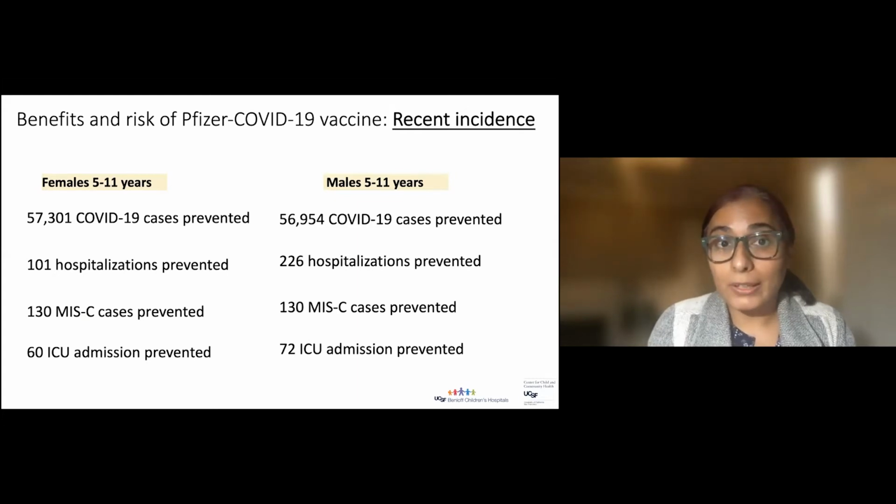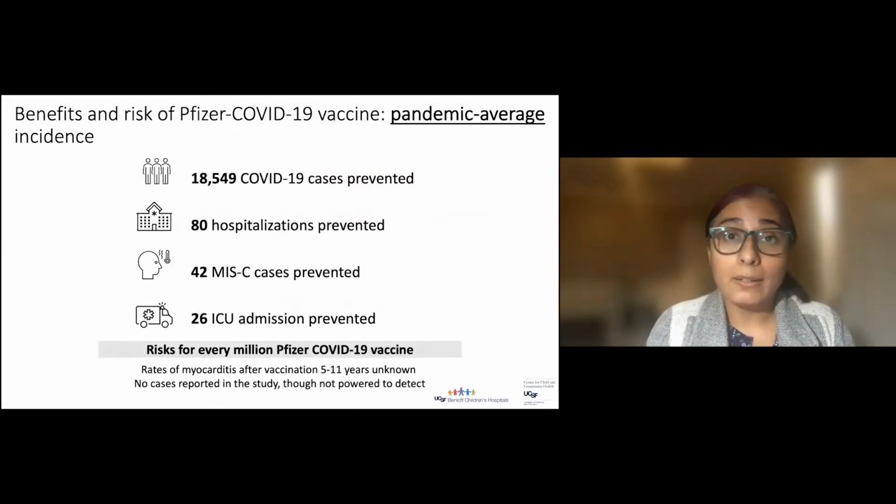While some people would argue Delta is going away, CDC even looked at the pandemic average, and it would still be over 18,000 cases of COVID-19 prevented, 80 hospitalizations, 42 MIS-C cases, and 26 ICU admissions, versus the risk of myocarditis after vaccination in 5 to 11 year olds, which is largely unknown.